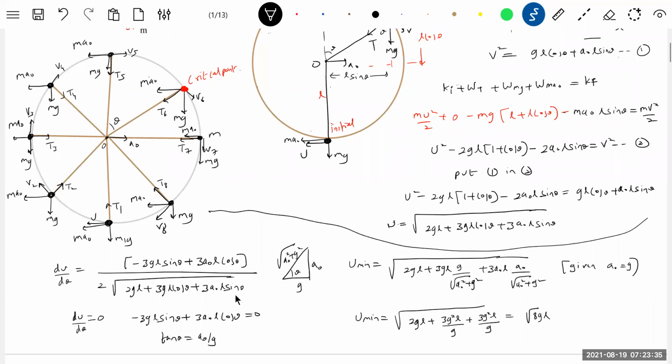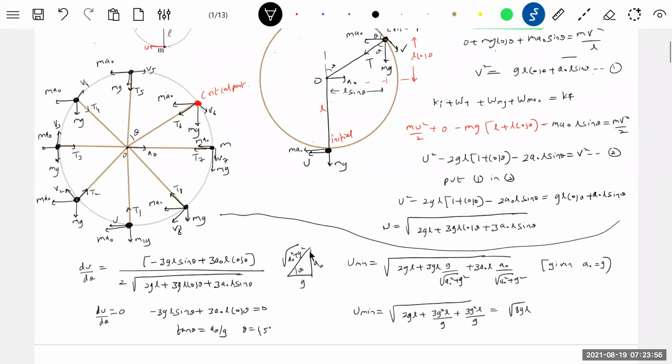Check it once. What is that angle? Theta should be equal to 45 degrees. Okay, this is the minimum velocity, not root 5gl. You see that one. What is it telling? Root 8gl velocity if the point of suspension accelerates.